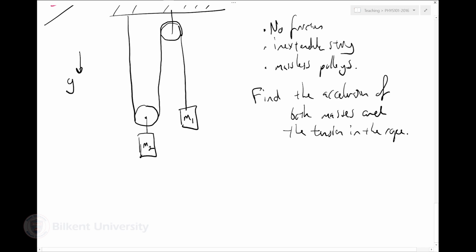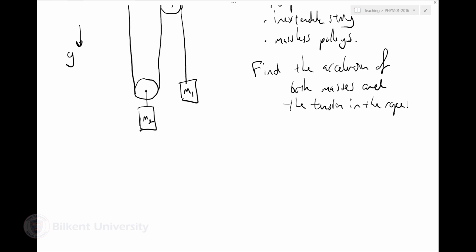How am I going to solve this? Free body diagrams, right? So what are the forces acting on M1? Start with the obvious, M1G, and then there is the tension in the rope. How about for M2? What are the forces acting on M2?